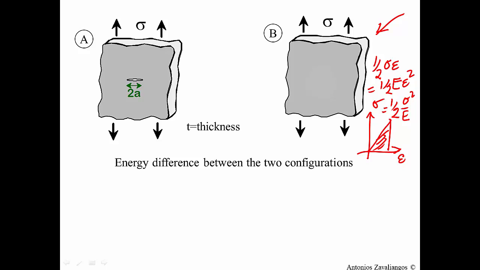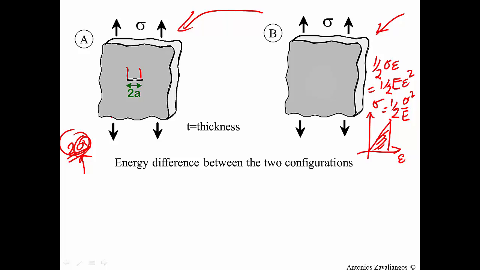So that's easy. Now, let's consider an additional case where a crack has grown to a size of 2a. I just want you to remember that it is a convention when we deal with cracks to name the size of the crack as 2 times a. So a is the half length of the crack.